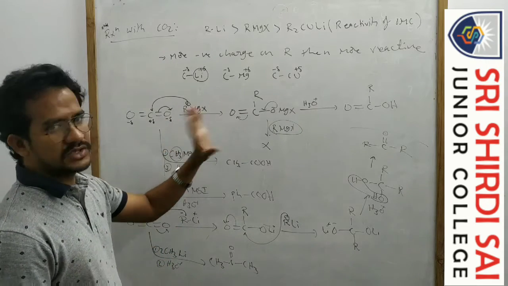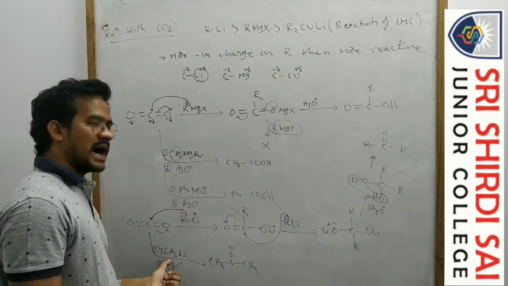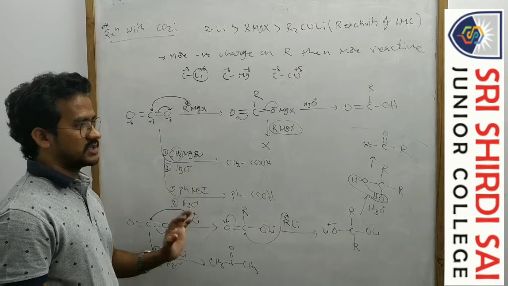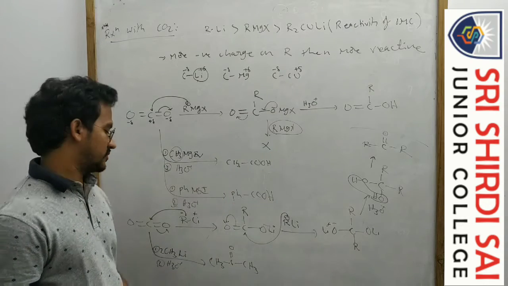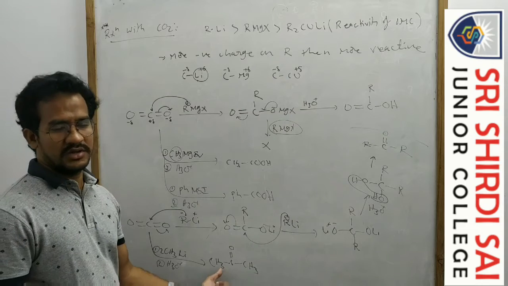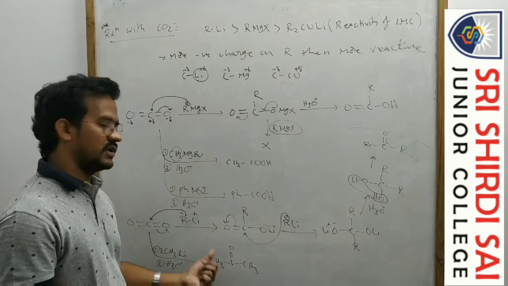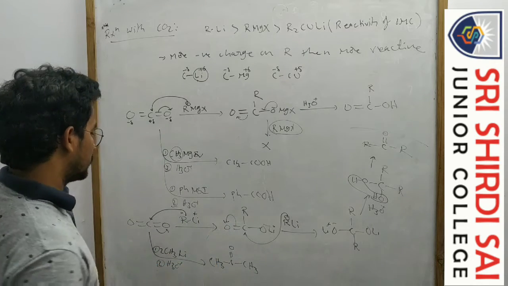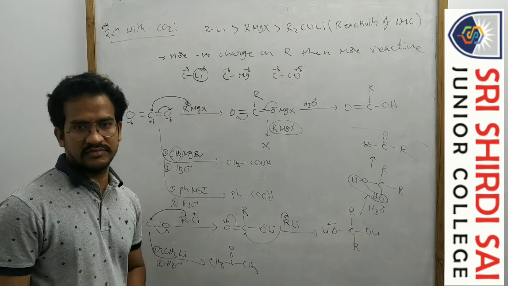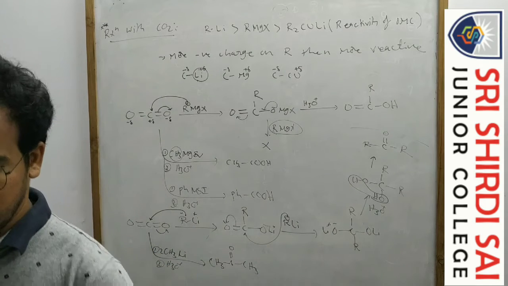CO2 plus RMgX gives RCOOH. CO2 plus RLi gives RCOR. Methyl gives CH3COCH3, ethyl gives ethyl CO ethyl. That's very important to remember.